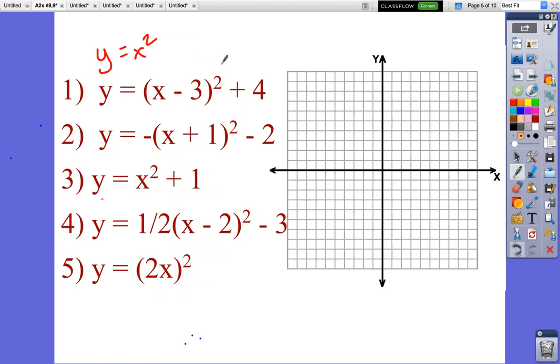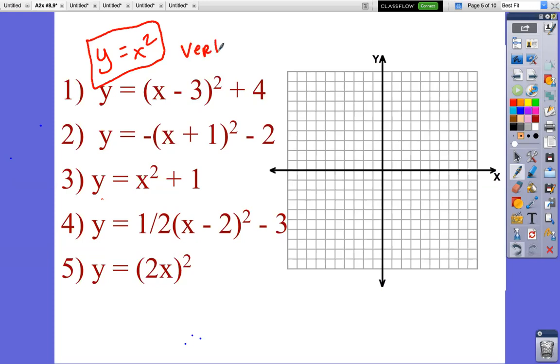So y equals x squared. Always, always, always start with your vertex. So what's your vertex on this one in the red, not number 1? What's your vertex for that? Did it move left or right or up or down at all? Anyone?